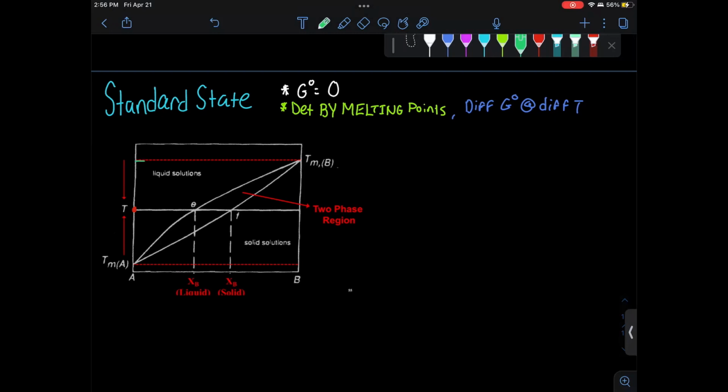Starting with if our temperature is all the way up here at this green line. What would we choose our standard state to be? Well, we can see we're well above the melting point of A, and slightly above the melting point of B, which means we have all liquid.